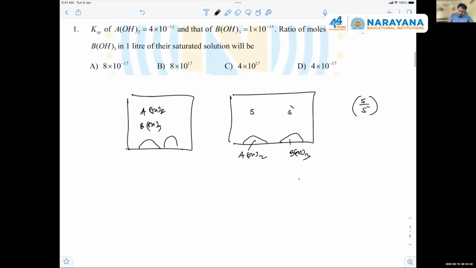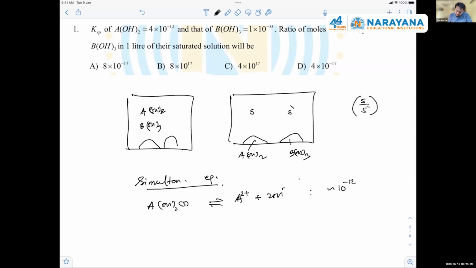This question is slightly peculiar because this is the case of simultaneous equilibrium. Since they are solid, A(OH)2 solid is there, and you notice the KSP. This is going to give you A2+ and twice OH negative, and the KSP is of order 10 to the power minus 12.